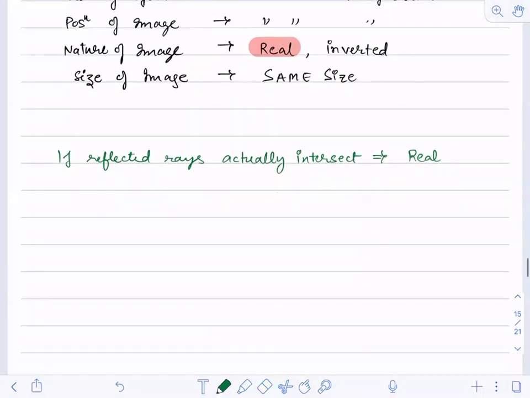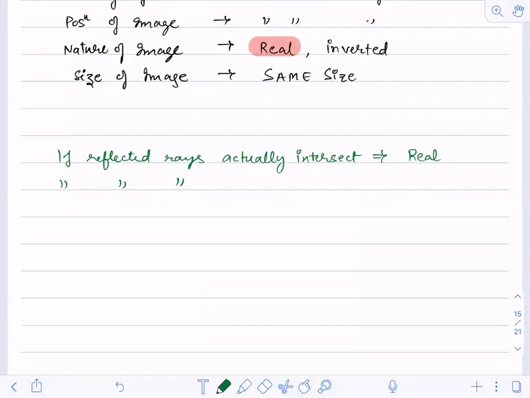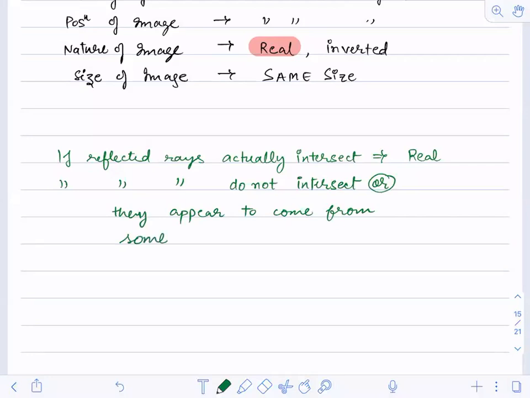Okay, but if reflected rays do not intersect, or they appear to come from some point, in both the cases I will say this is a virtual case.